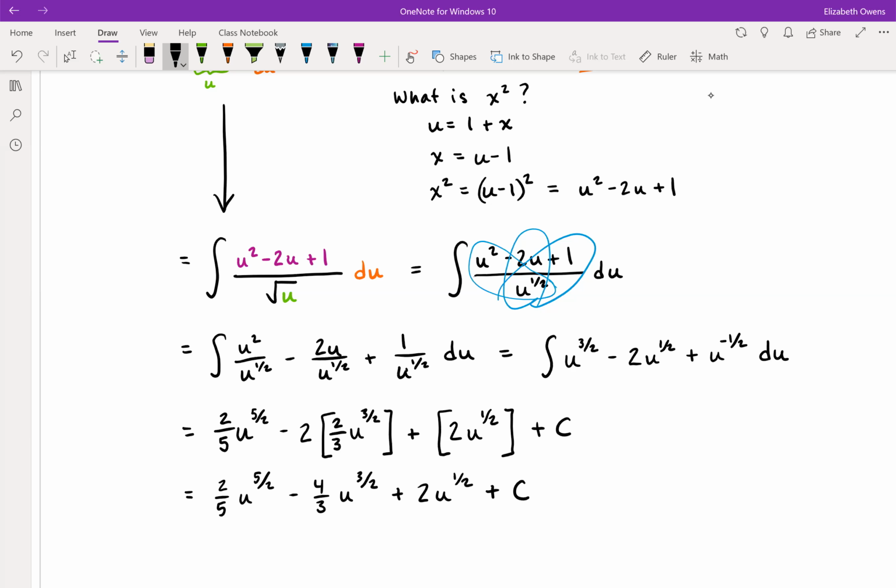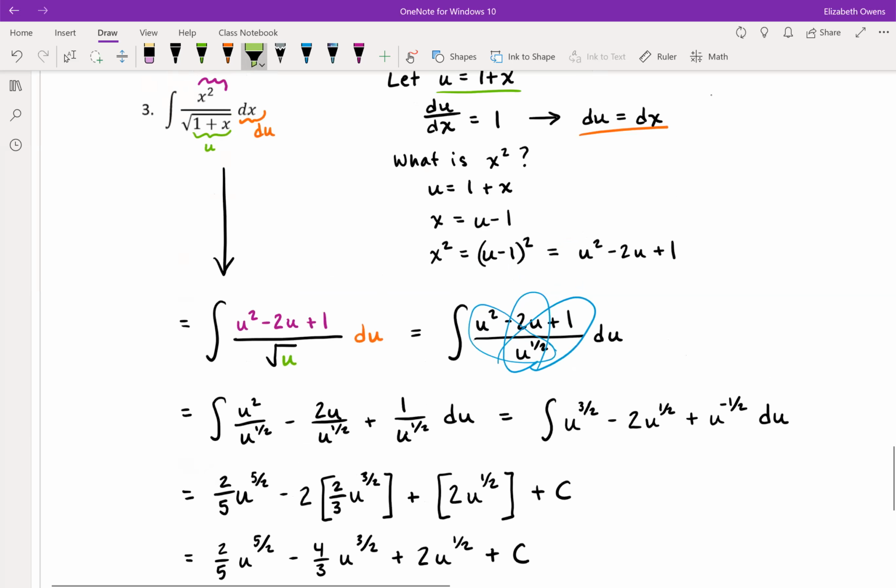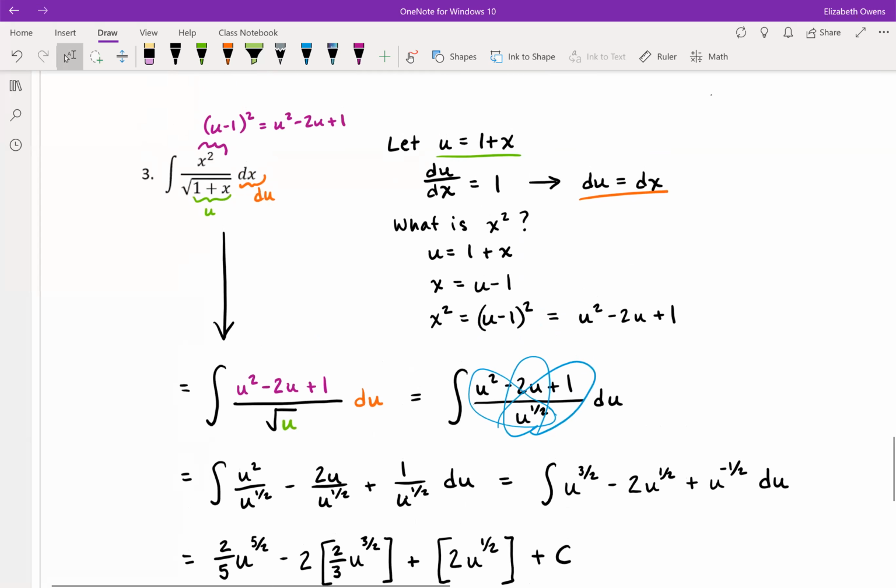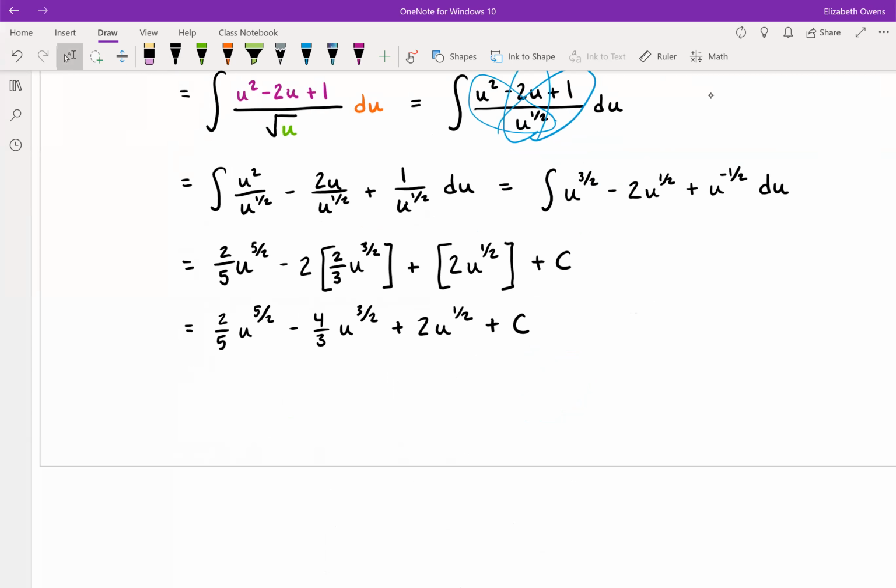And although that might feel really good, we're not quite done yet. The last thing we've got to do, remember, is to go back through our substitution and put things back in terms of x. So all of our u's there need to get replaced with 1 plus x. Okay, so that is going to look like this.